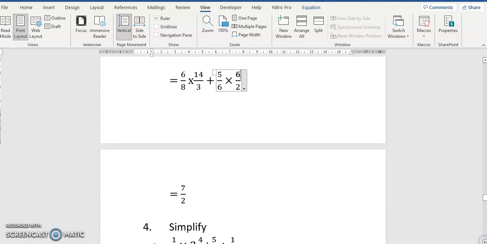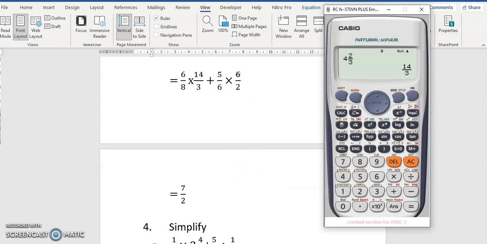Then let's press this on the calculator. We are not going to press all. We are going to press it this way. We have this. So let's press this one. We know how to do that one. Alright.